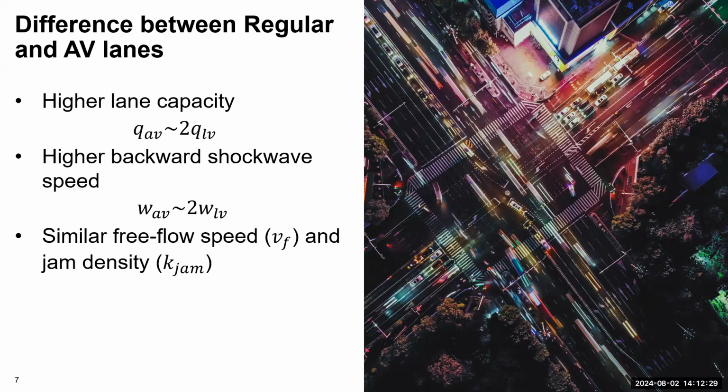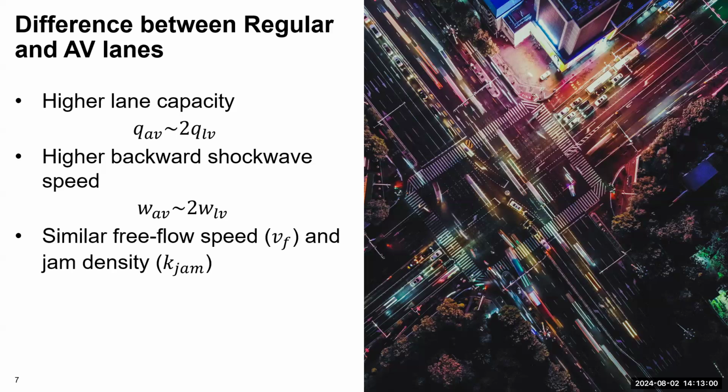From our modeling exercise, we found it was sometimes almost double the lane capacity of the regular lanes, especially because of less stop and go, with all the AVs going like a platoon through the network, and a higher backward shockwave speed. But the other parameters, such as free flow speed and the jam density of the network, remained the same.